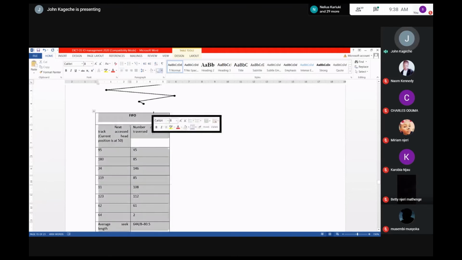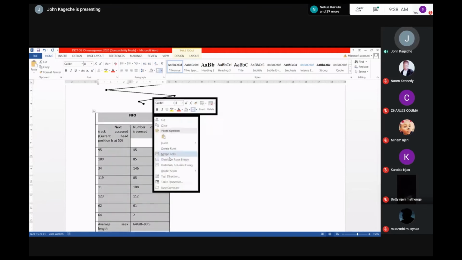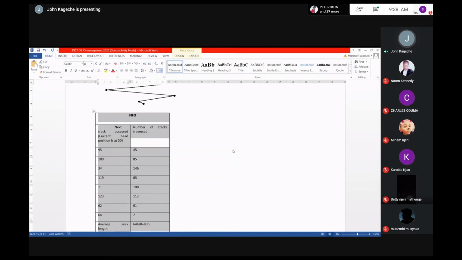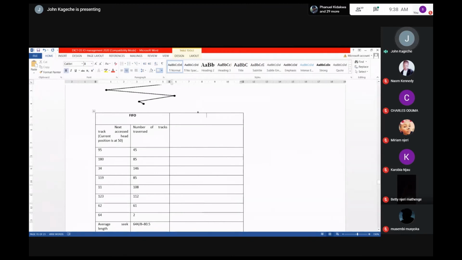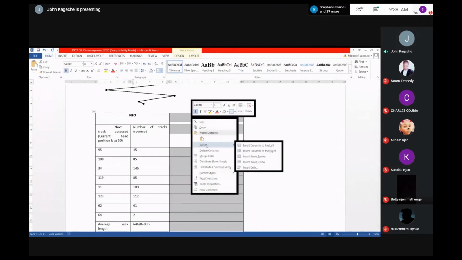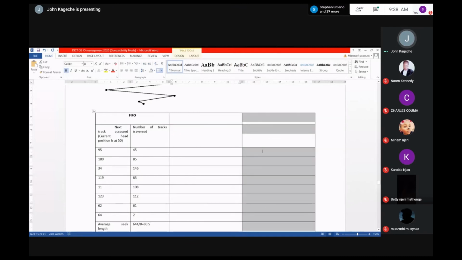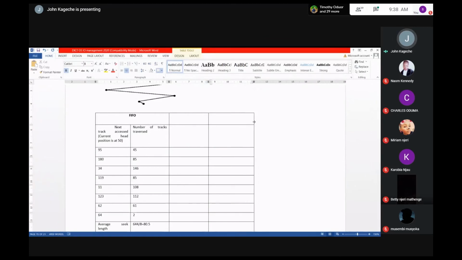I'm supposed to come and insert rows on my right. I can do again another insert. I can come here and insert row on the right again. And then I can minimize this. And then call this what?